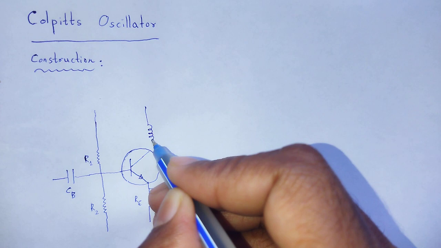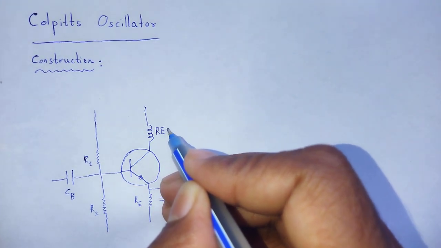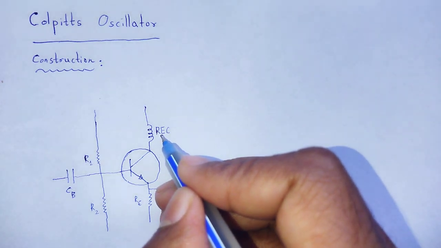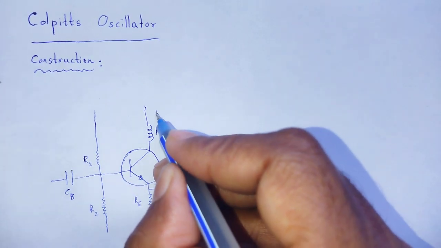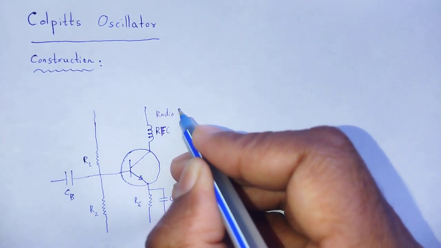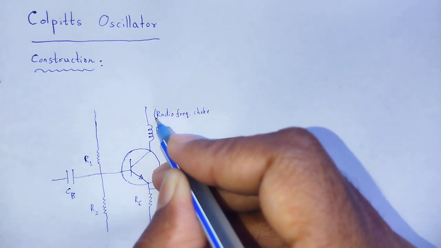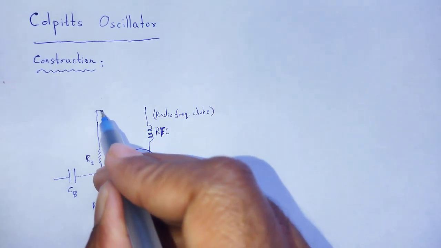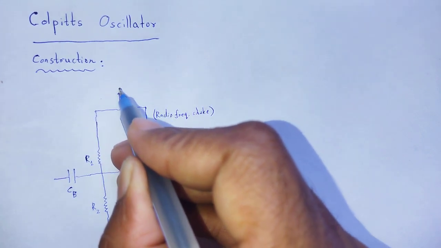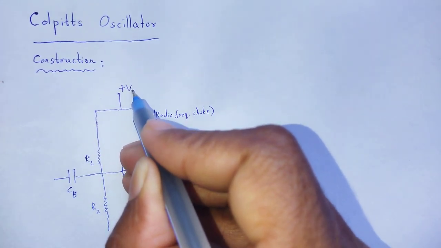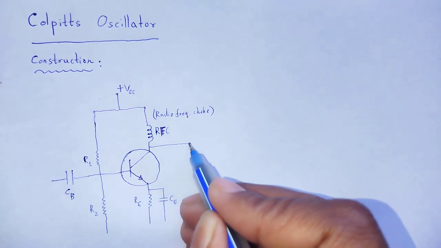we use an inductor which is called RFC, radio frequency choke, to supply the potential, positive potential plus VCC, at collector.